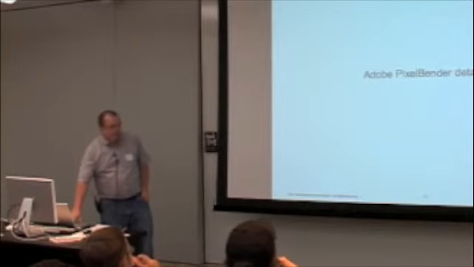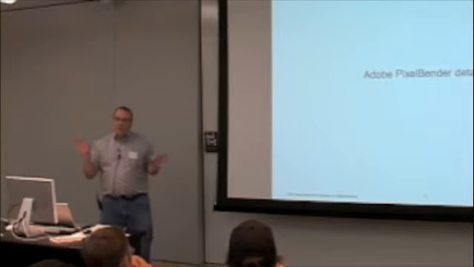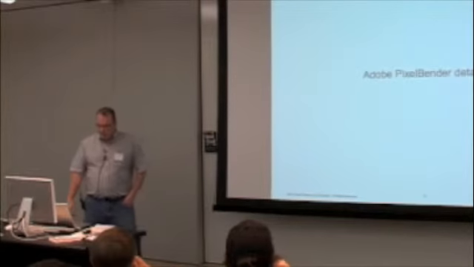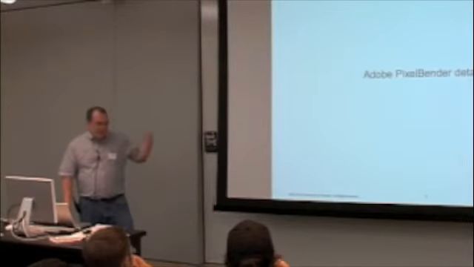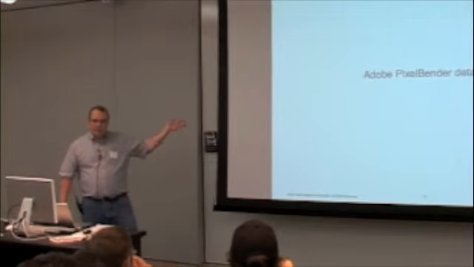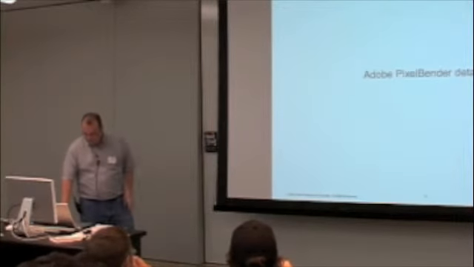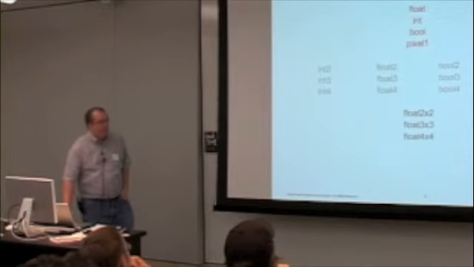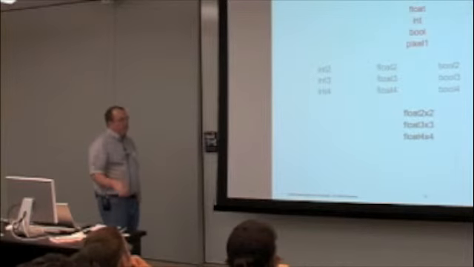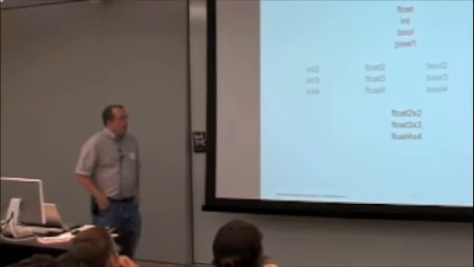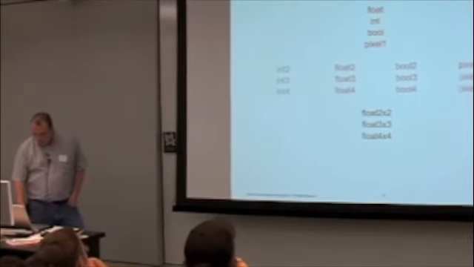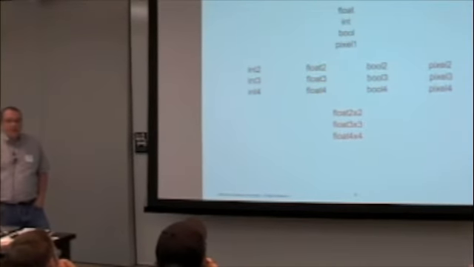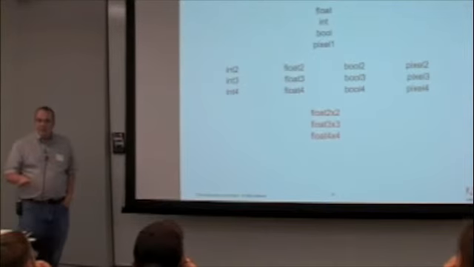Okay. So I'm going to talk a little bit about the overall structure of the language. And this is basically the task that we had before us for getting down to the LLVM IR. So we have, like all shader languages, scalars, vectors, and matrices. And these are all pretty much first-class data types.